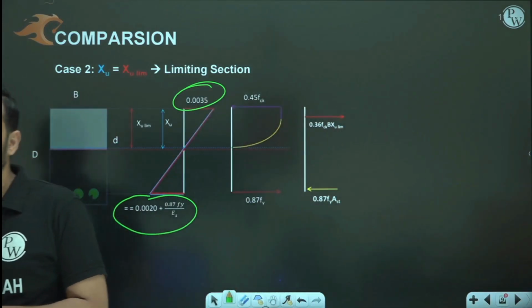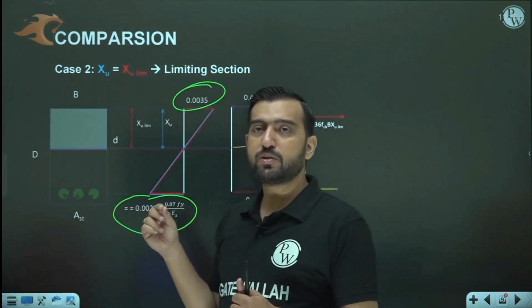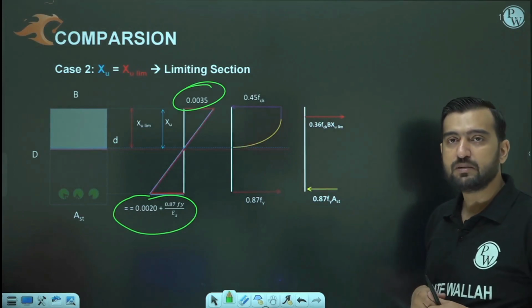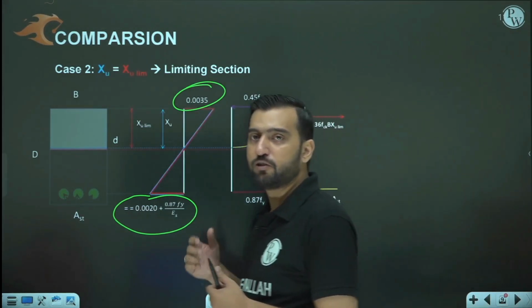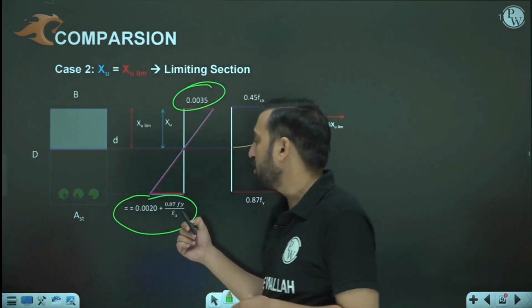What are these values? At the time of collapse, the maximum strain in the concrete fiber should be 0.0035, and at the level of CG of reinforcement it should be 0.002 plus 0.87 fy upon Es. So it is matching here.